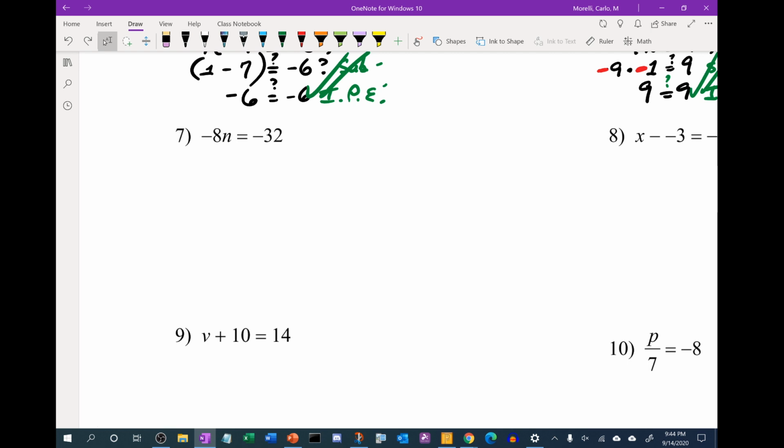Okay, moving on to number 7. For what values of n is negative 8 times n equal to negative 32? Okay, so I'm going to start by rewriting negative 8n as negative 8 times n equals negative 32. This is just a rewrite.